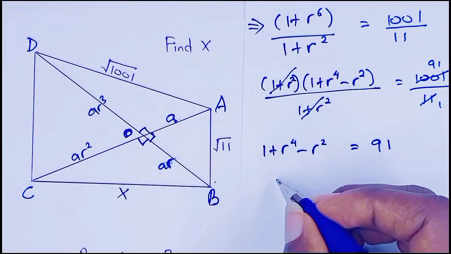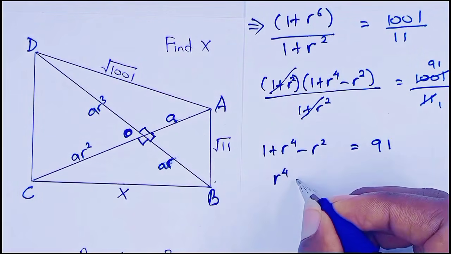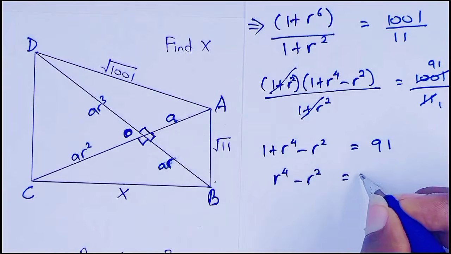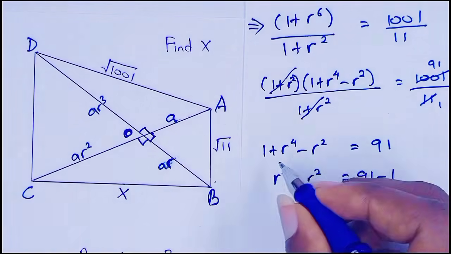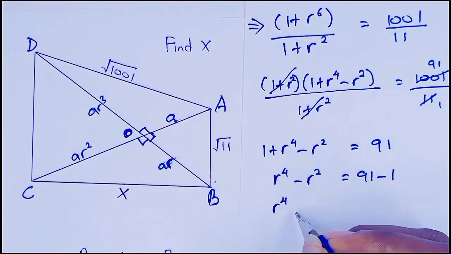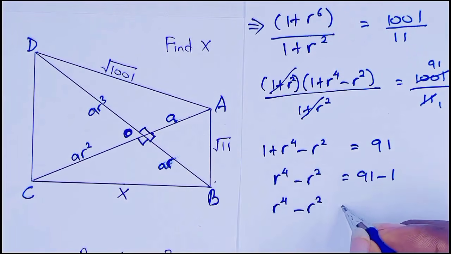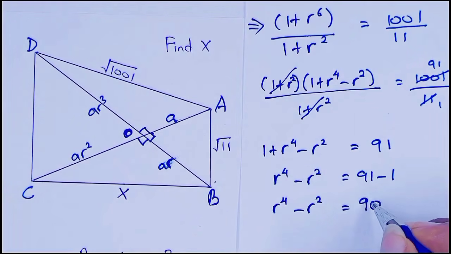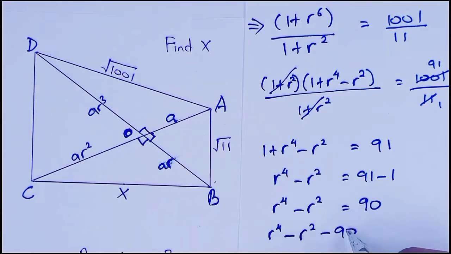So R power 4 minus R squared is equal to 91 minus 1. We take the 1 the other side. So we shall be left with R power 4 minus R squared being equal to 90. So we take the 90 this side, we shall have R power 4 minus R squared minus 90 being equal to 0.